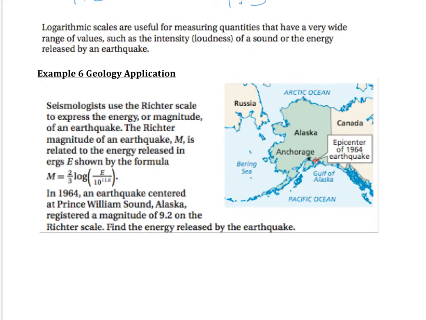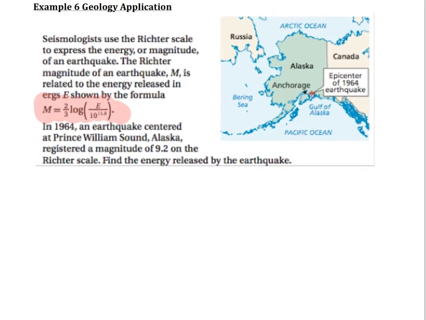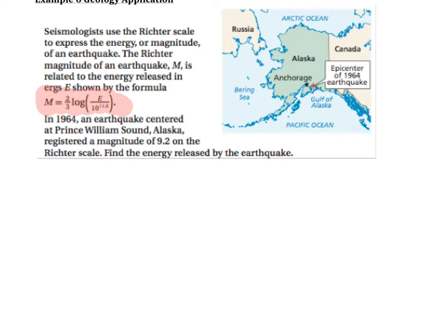And this magnitude M is related to the energy released in ergs, and it can be expressed by using this formula right here. We're just going to use that formula, rearrange things, and solve for E.